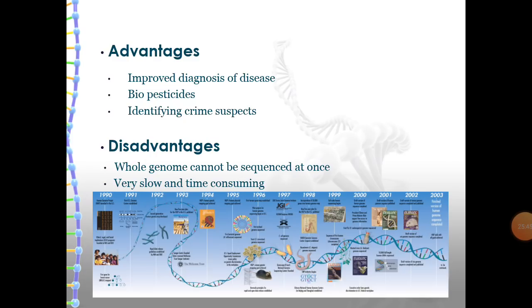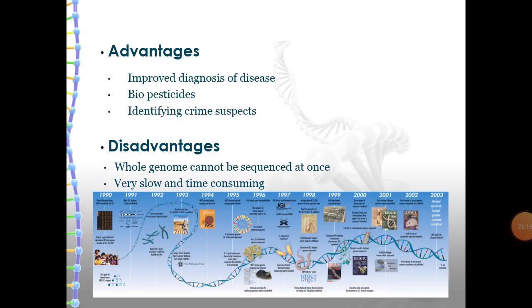Now let us see some of the advantages and disadvantages. If you see the advantages, it improves the diagnosis of disease, and in the case of biopesticide, it has so many applications. The use of genomics has helped in enhancing biopesticide research.